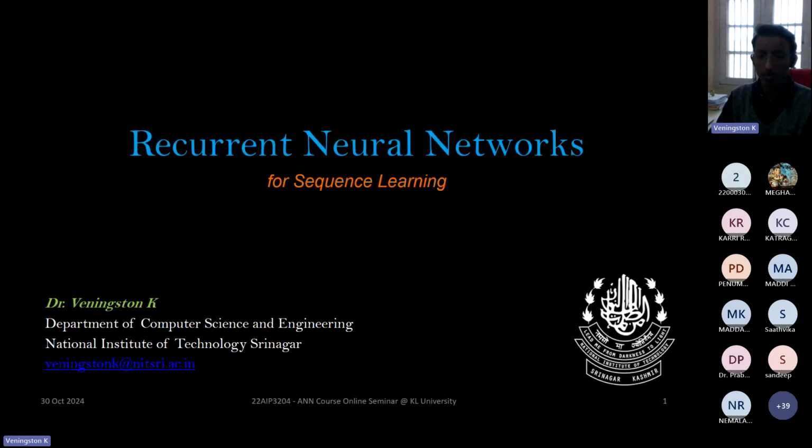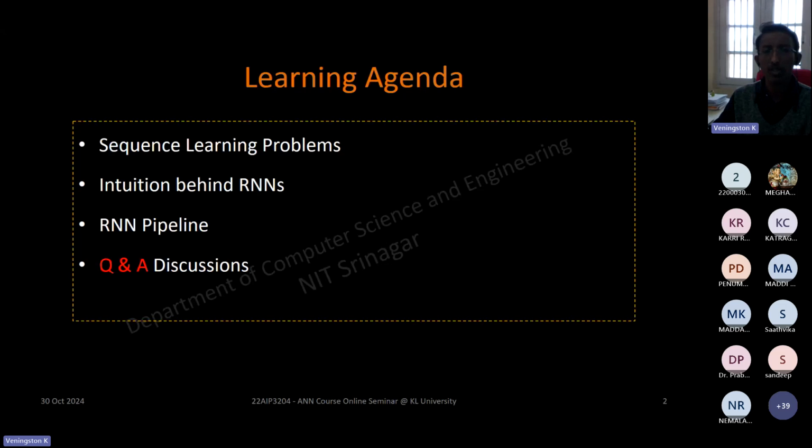So here is the agenda for the seminar. First, let's see some of the sequence learning problems, and then we'll get intuition behind recurrent neural network, and then we will see how the recurrent neural network project pipeline can be defined. Most importantly, we will be discussing the learning algorithm used in the context of recurrent neural network. I hope all of you are aware that the backpropagation algorithm is generally applied in any neural network setting.